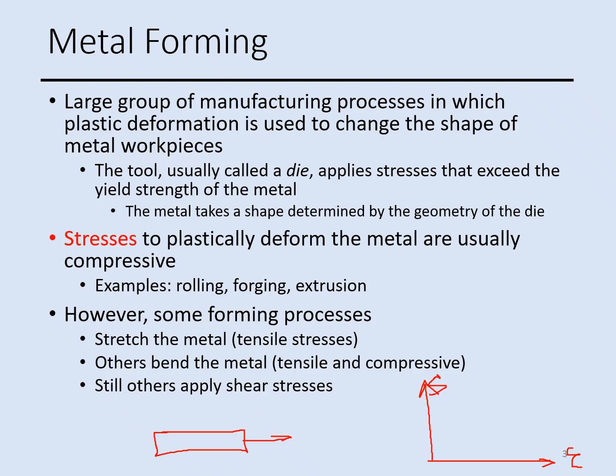Then we pull apart the 2 ends of this dog bone sample. What happens because of that pulling is that we have stresses in the part. As we pull apart, we have some elongation, then we have some stresses.